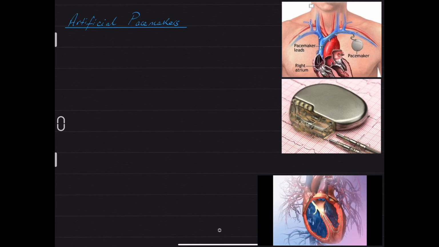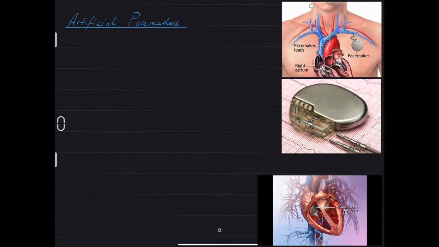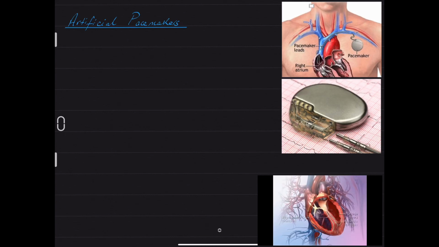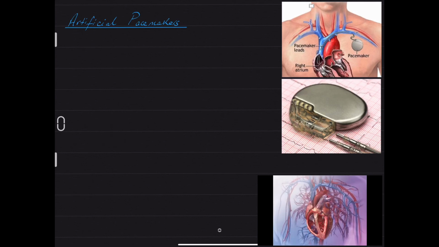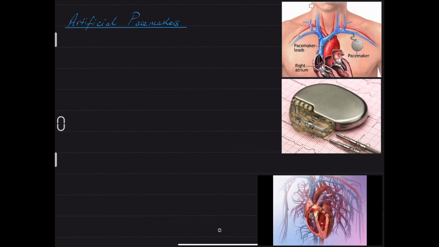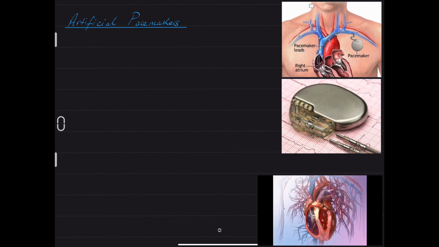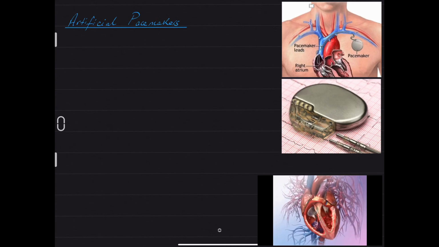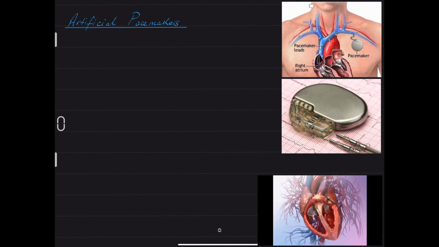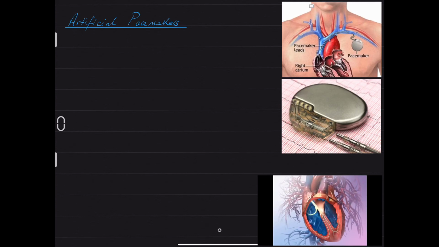As you can see in the first diagram to the right hand side of the screen, an artificial pacemaker is positioned under the skin of the chest with wires running to the heart itself. There are two wires that originate from the pacemaker, and these are connected to the heart. You can see the two connections on the picture just below, where you can see a pacemaker.